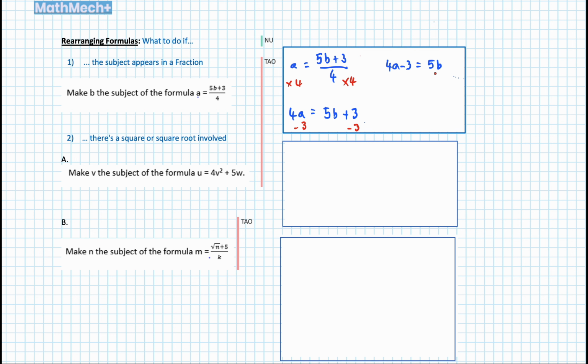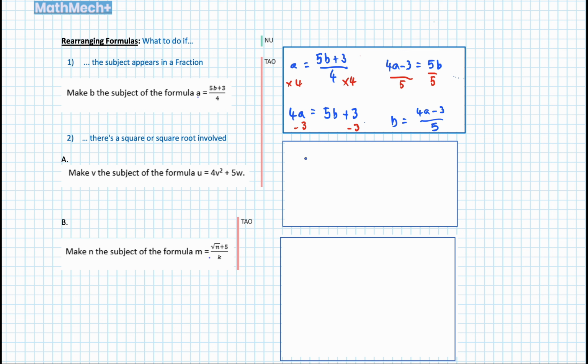And the last part here, just to get this b on its own, we have 5 times b, so we'll divide by 5 on both sides. I'll just switch them over if you don't mind. It'll be the same thing. There's an equal sign, so you can have them on either side. So b is equal to 4a minus 3 over 5. That's your final answer.